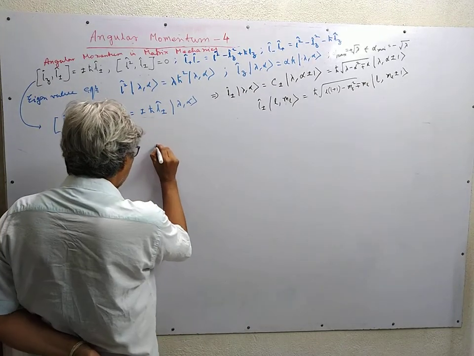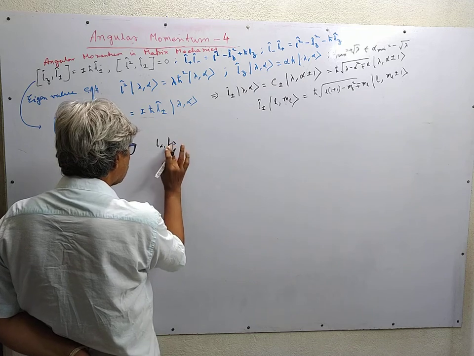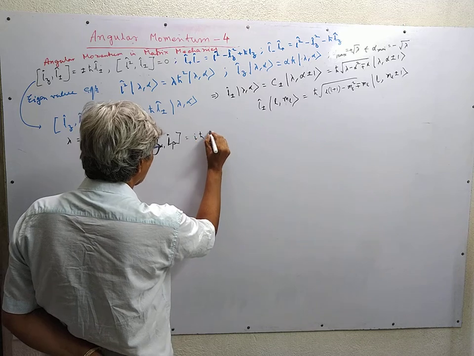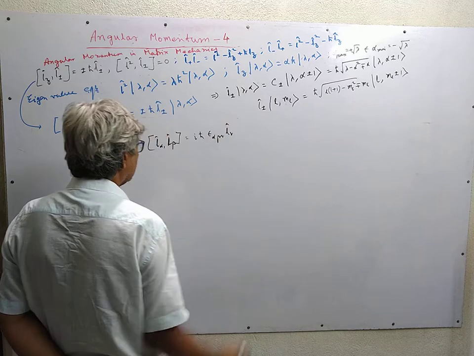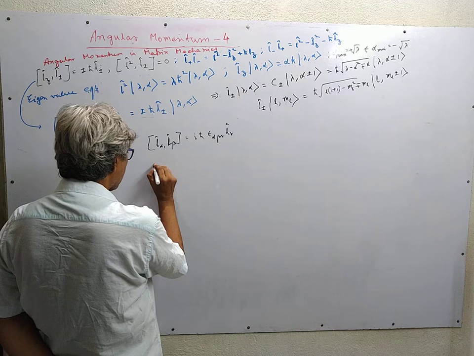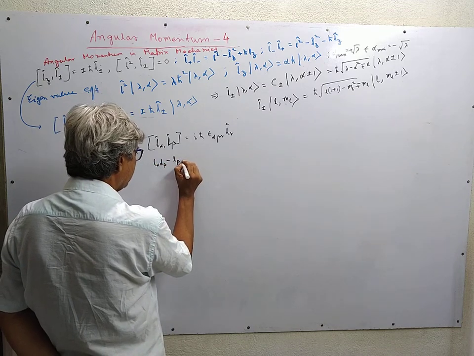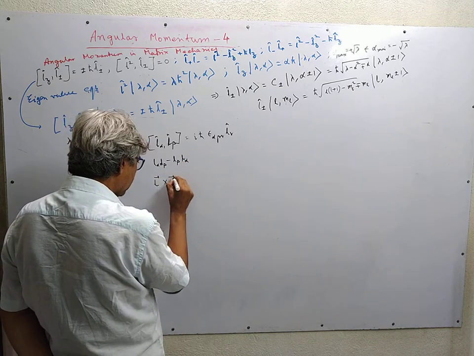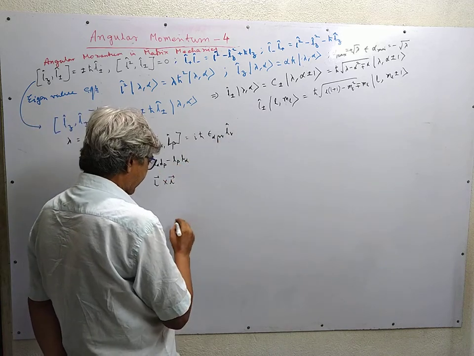We know that L alpha, L beta satisfies the commutator relation equal to i H cross epsilon alpha beta gamma L gamma. If we write the operator, it is L alpha L beta minus L beta L alpha. If we define an operator L cross L, then this form is this, and this is again the operator form.